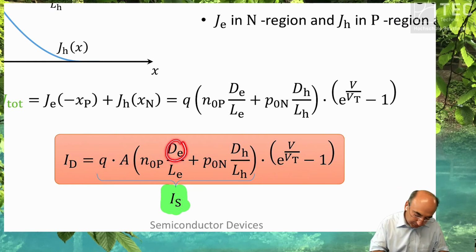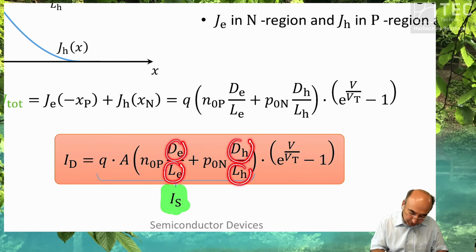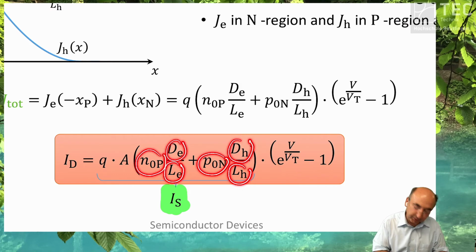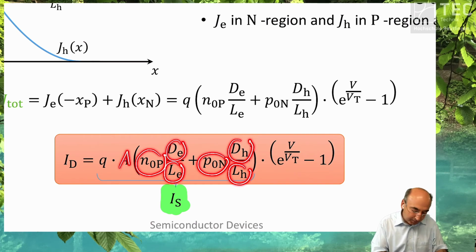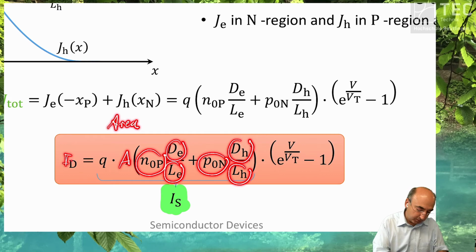The diffusion coefficient of the electrons, diffusion length, diffusion coefficient, diffusion length, minority carrier concentration. So all are device parameters times the area is the current.